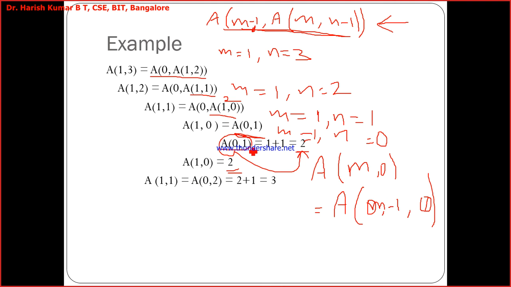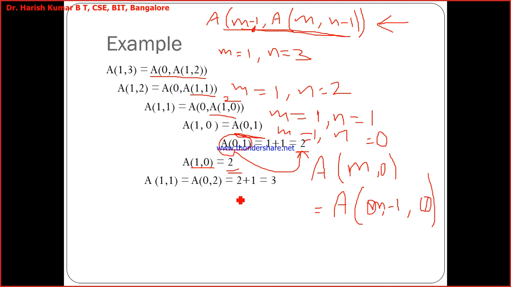A of 1 comma 1 is equal to A of 0 comma, substituting the value of A of 1 comma 0, that is 2, so A of 0 comma 2.